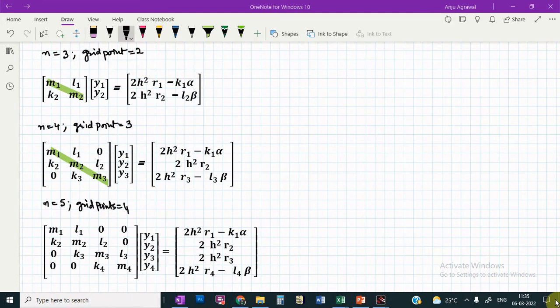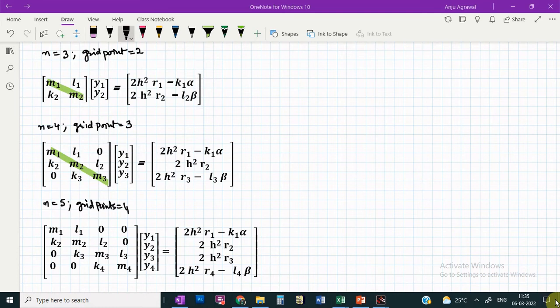Now the matrix A has the diagonal elements as the M vector. The elements above the main diagonal are your L vector, and below the diagonal are your K vector. And the number of diagonal elements is always equal to the number of grid points. So for 2 grid points, we have 2 diagonal elements. For 3 grid points, we have 3 diagonal elements.